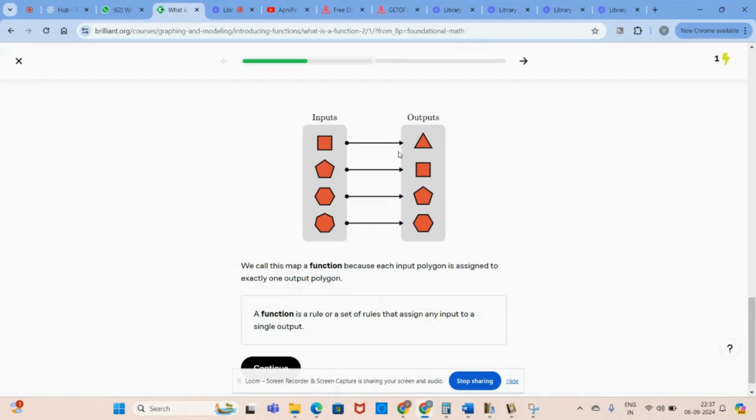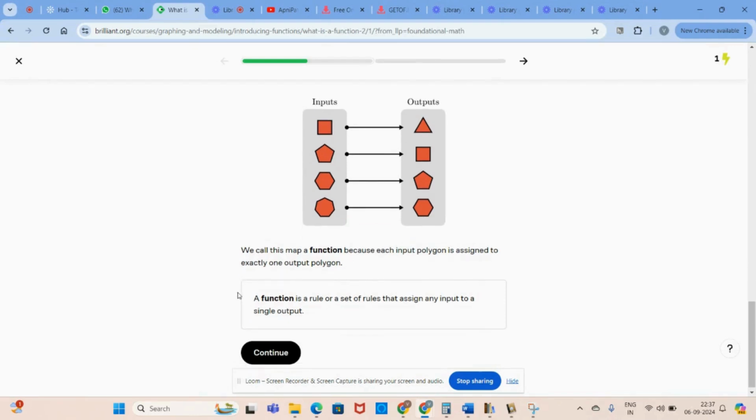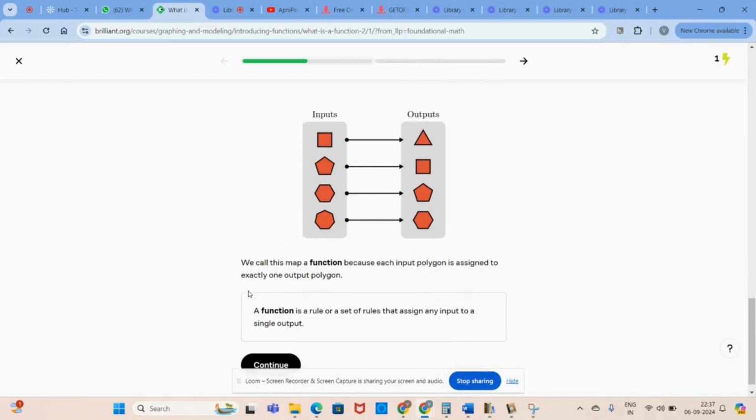For each input, the output we got was a polygon of one side less than the input polygon. So we call this map or link between the two groups a function, because here each input polygon is assigned exactly one output in group 2.